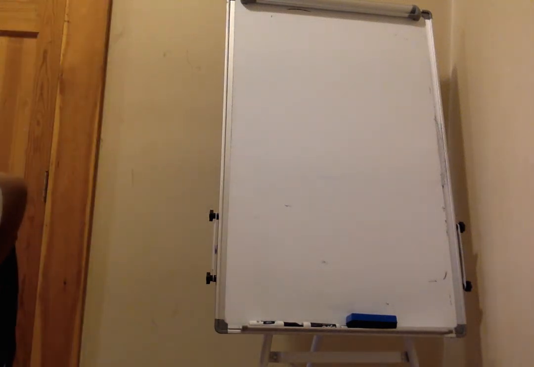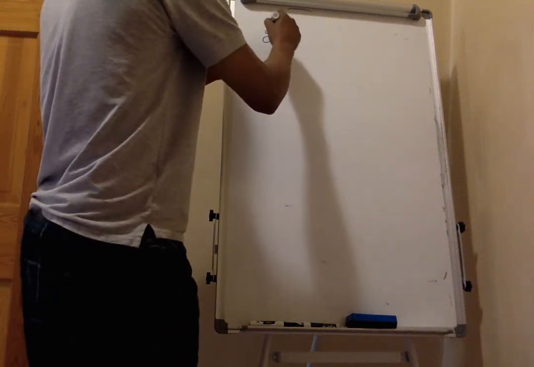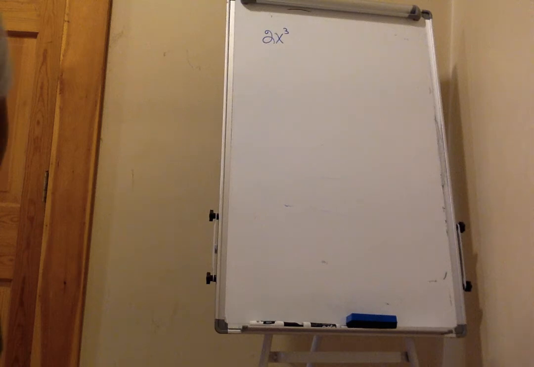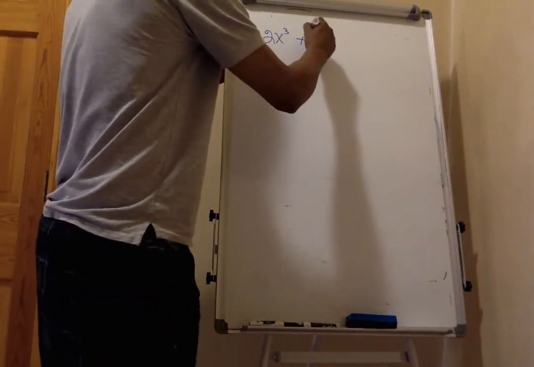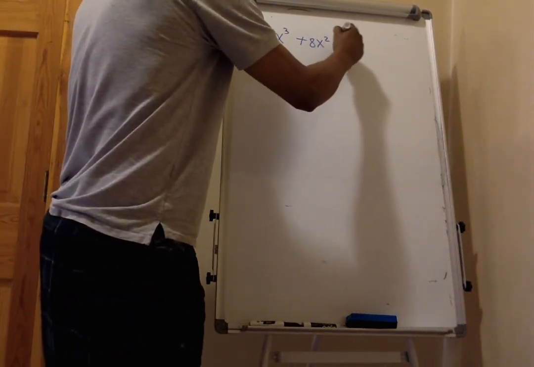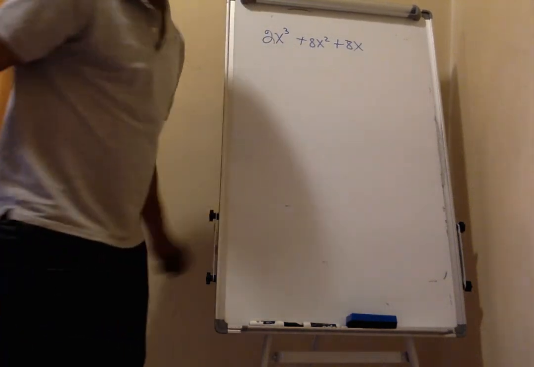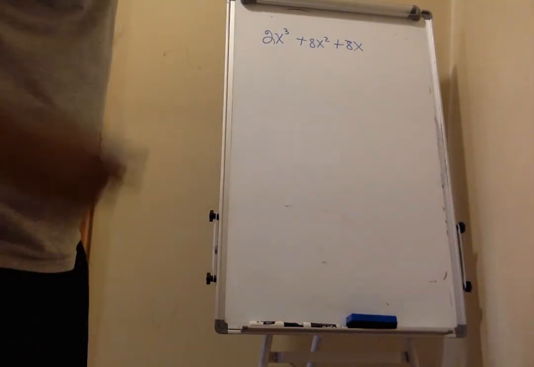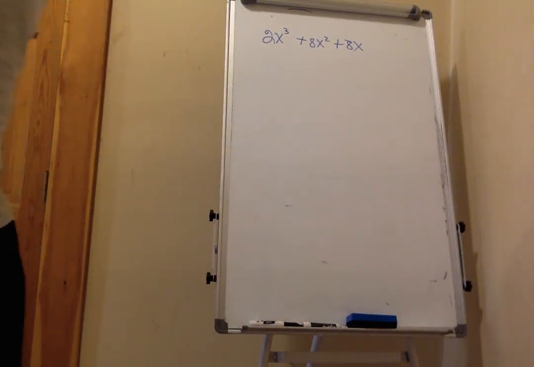Now let me look at these factors. 2x cubed plus 8x squared plus 8x. So you're going to use a different kind of factoring for this particular expression.